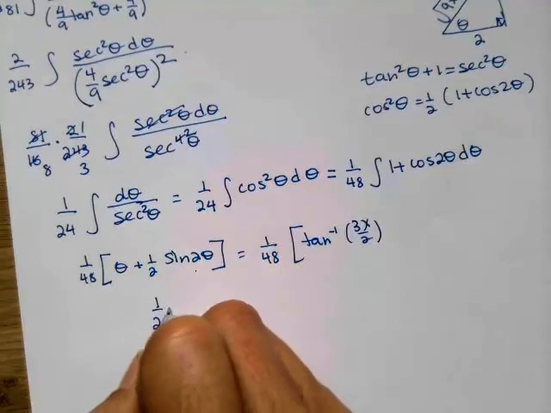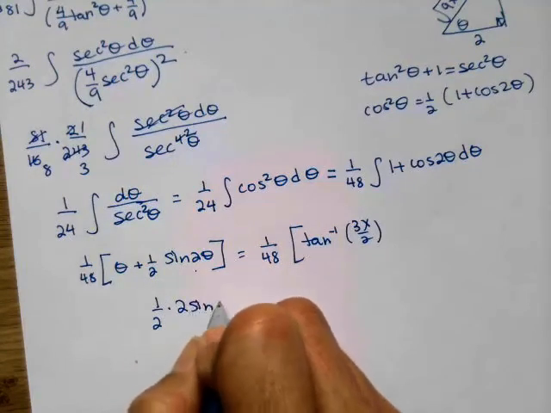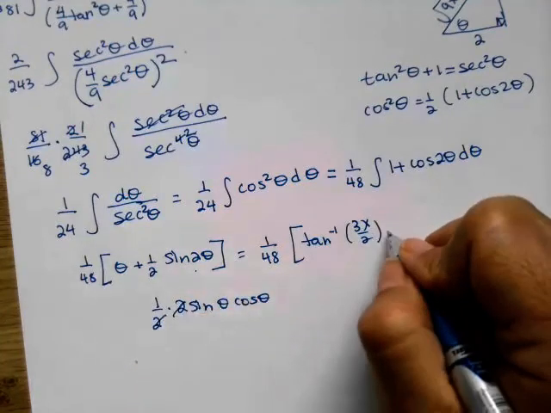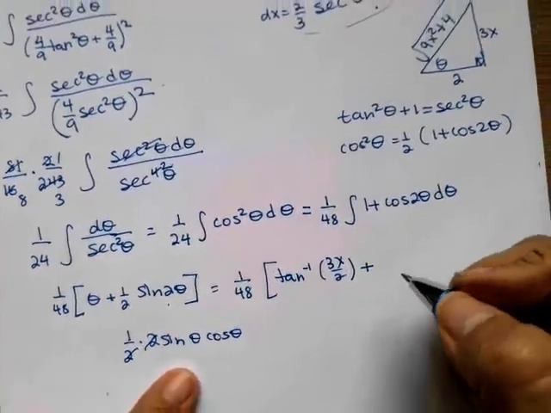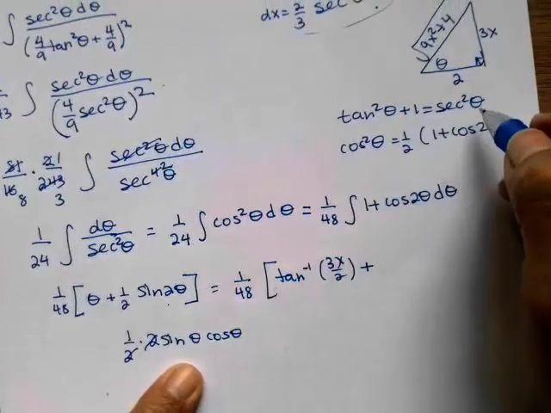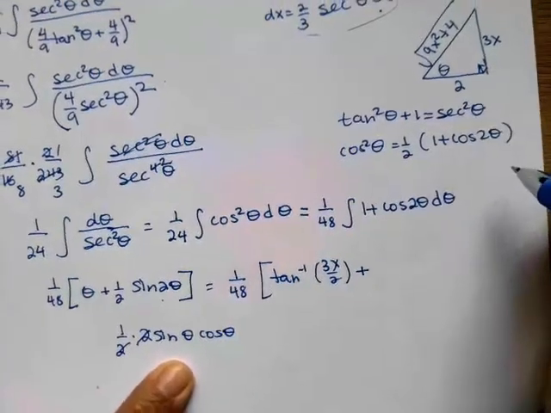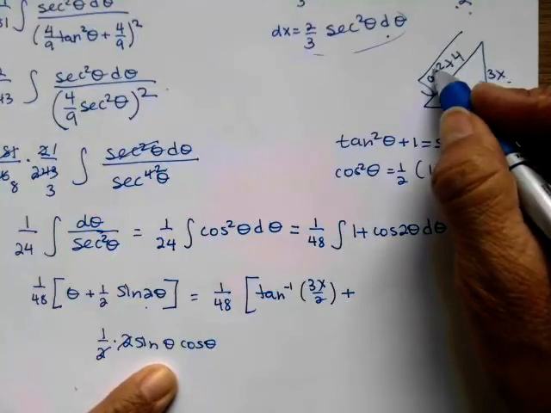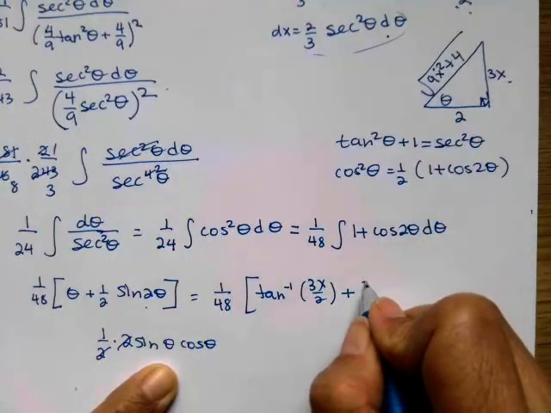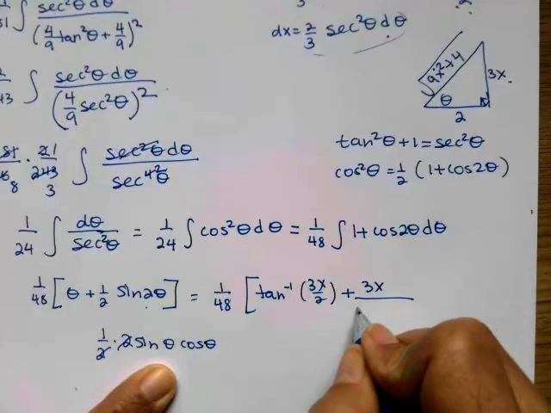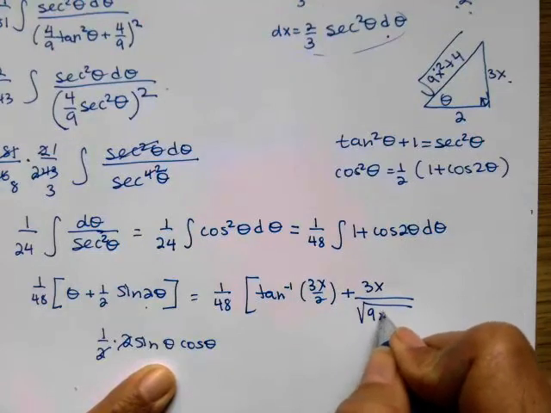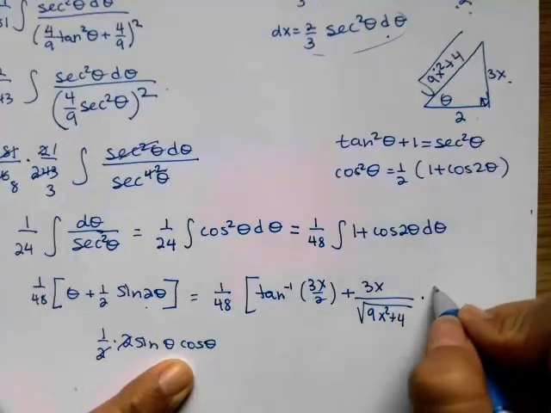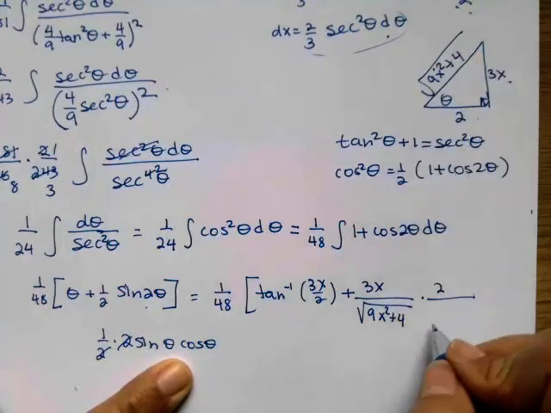So 1/2 times 2 sine theta cosine theta. So now I just have to do plus sine theta cosine theta. Remember, this is why we draw the triangle, so we can just look up here and pick that up. So sine theta is opposite over hypotenuse times cosine theta, adjacent over hypotenuse.